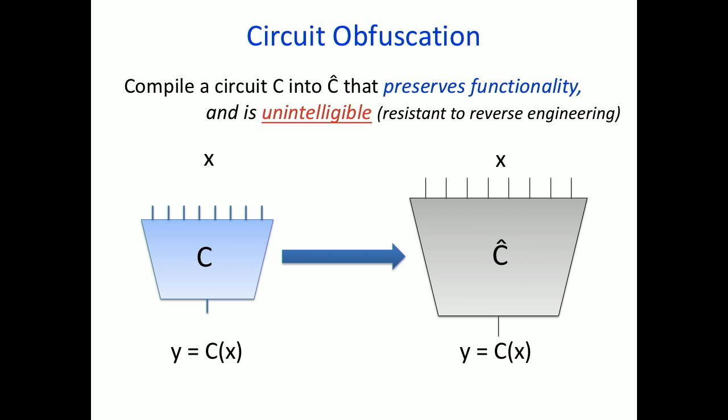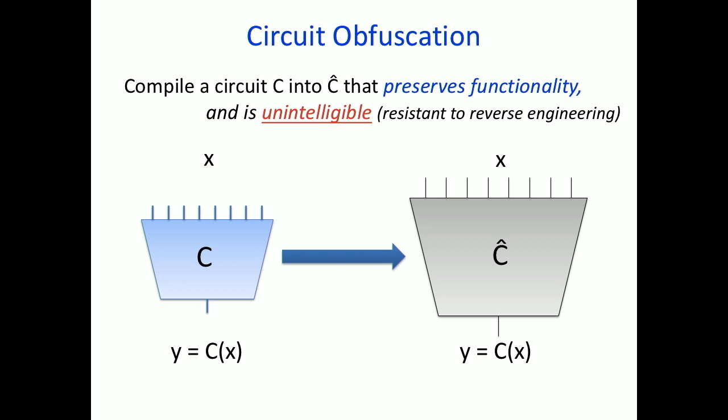And we want to compile such a circuit into another one that preserves the same functionality, in the sense that on every input it produces the same output, but now it becomes unintelligible, in the sense that any malicious attacker looking at the compiled circuit would have a hard time to reverse engineer to figure out whatever original secret embedded in the starting point circuit.